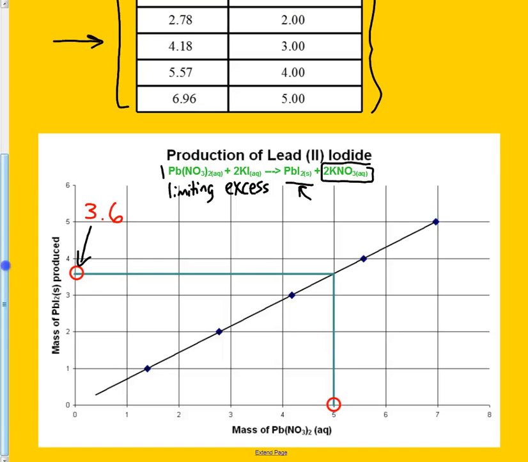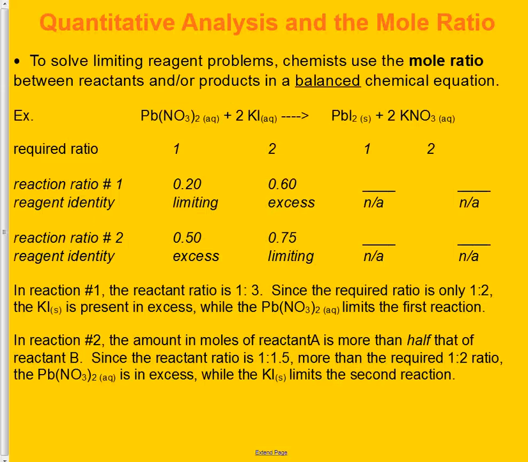Knowing that this relationship is linear, I can interpolate on my graph and read back to the x-axis, which represents the mass of the limiting reagent, and I can conclude that about 5 grams of the lead 2 nitrate must have been present in that solution. And then from there, if I wanted, I could determine maybe a concentration of that if I had measured its volume.